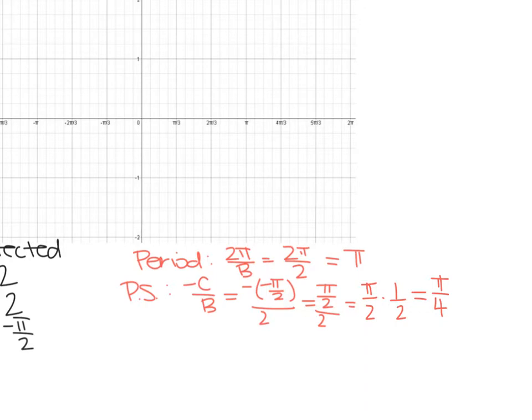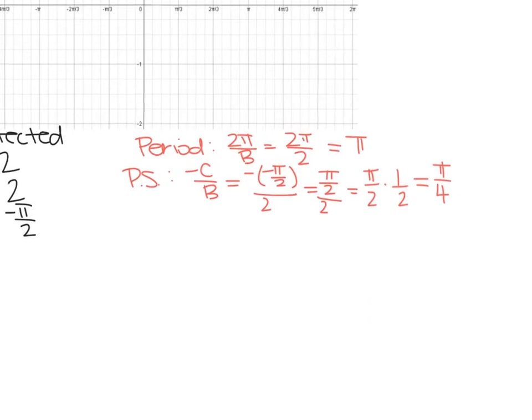So when it comes to graphing our actual function, we want to create our table of values. So if we start with our x values, because we've been shifted to the right pi over 4, we don't actually want to start at pi over 4. We typically like to start at 0, and then we'll have pi over 4.